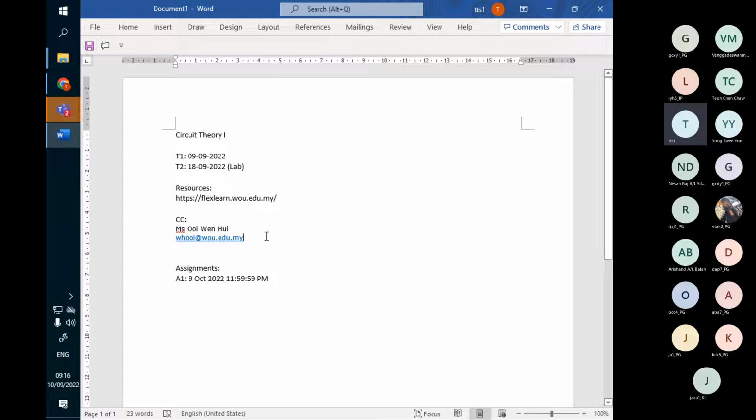Okay. Let me see. Right now I've been talking about it, the next session will be lab. It's very important, and the resource is the place where you look for the information. Probably I should touch on something more about these resources here.